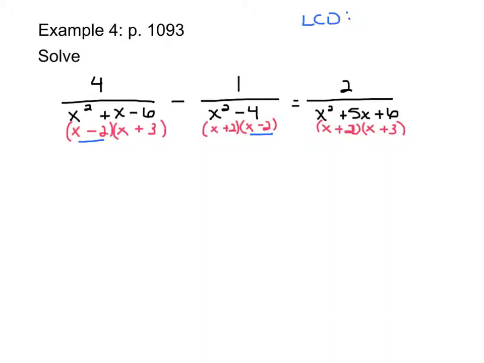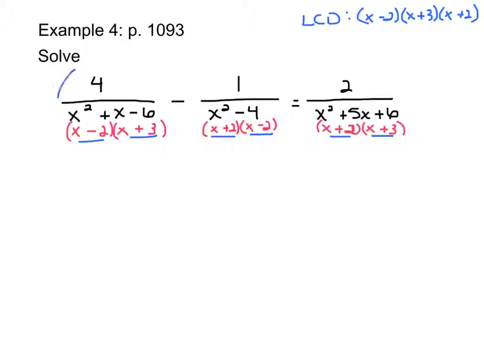I have an x minus 2. I have an x plus 3. And I have an x plus 2. So notice that even though it's repeated on 2 of them, I am only going to write it one time. Alright, so my LCD is going to be the product of all 3 of those.